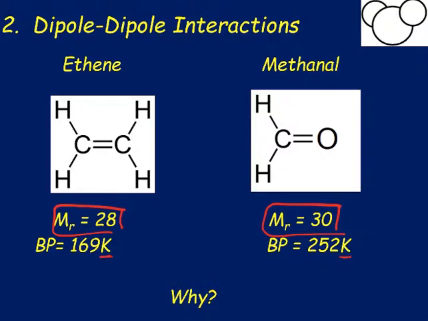And to explain why, they give you the words usually, and you have to work out the formula, and you have to then explain why the methanol has a bigger boiling point than ethene. And to do that, you've got to figure out which intermolecular forces are present. So we know from looking at them, similar molecular weight must mean they have similar van der Waals.